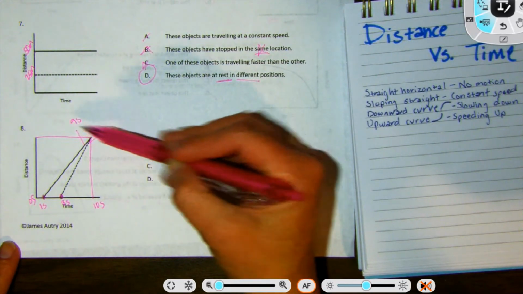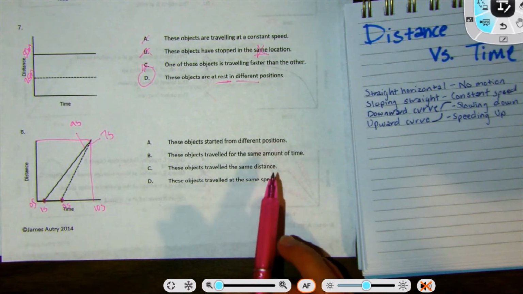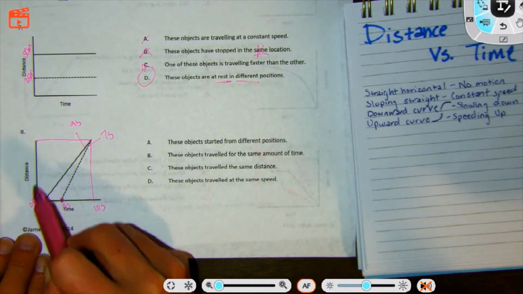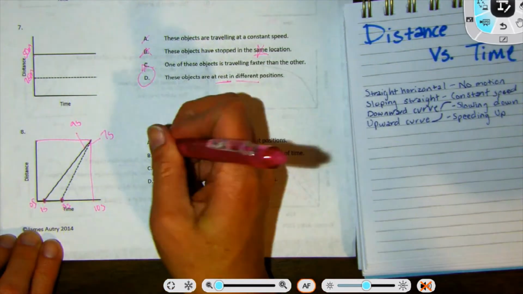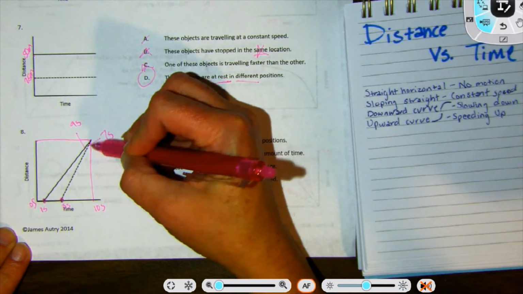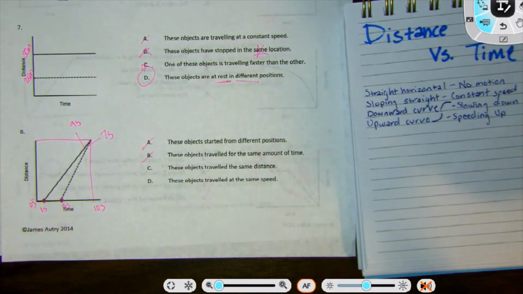So A, these objects started from different positions. False, because if they started from different positions, they would be different up here. Wrong. These objects travel the same amount of time. They stopped at the same time, indeed, but they did not travel at the same time. C, these objects traveled the same distance.